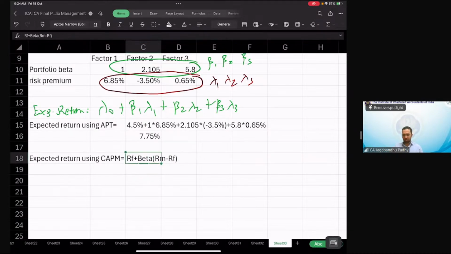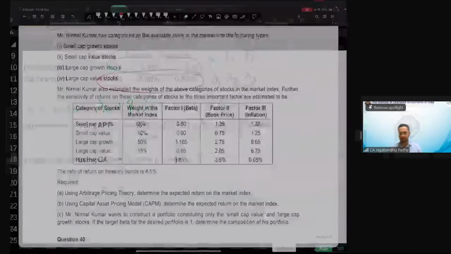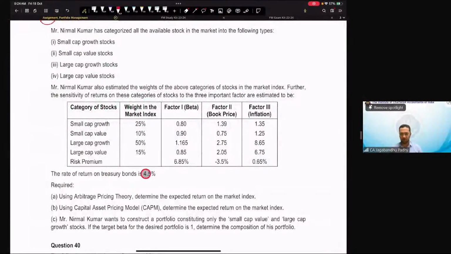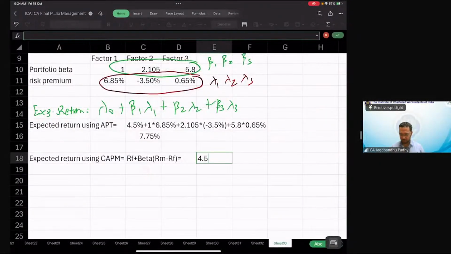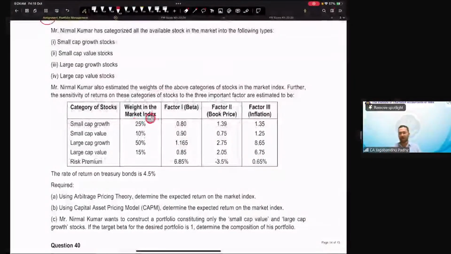Right? So the risk-free rate is 4.5%, plus beta will be considered only of the market, which is factor one. So this beta is the single beta that we are talking about.